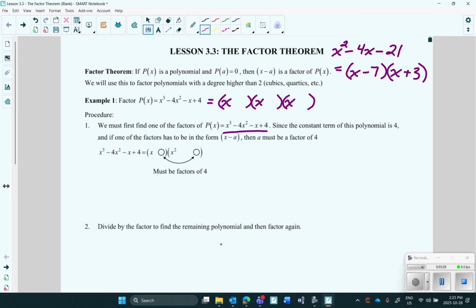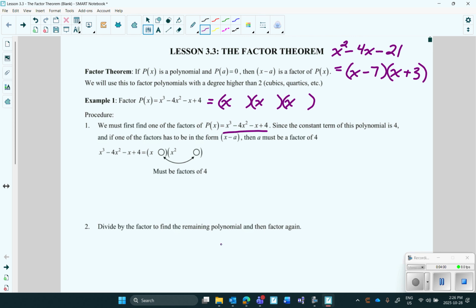Remember, when I multiply a binomial by a trinomial, when I multiply the first terms in each, it's going to be that one. When I multiply the last numbers in each, it's got to be 4. So what I need to do is think of factors of 4, because when I join these 2, they're going to multiply to get positive 4.